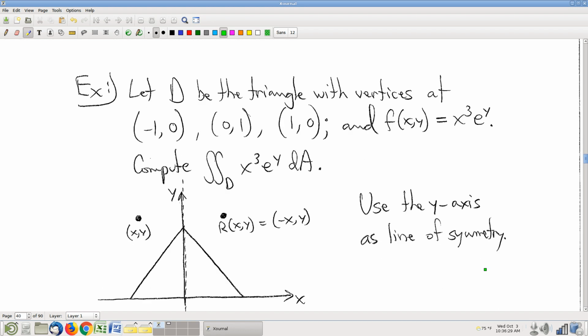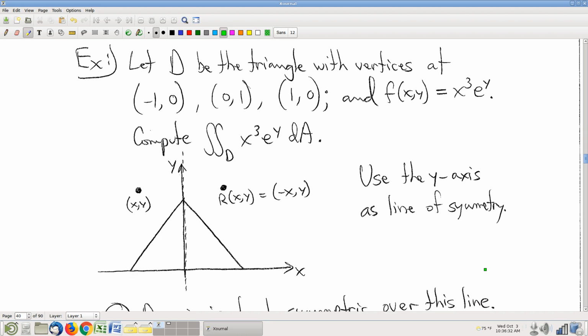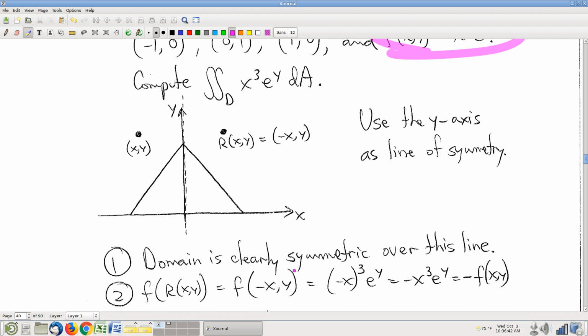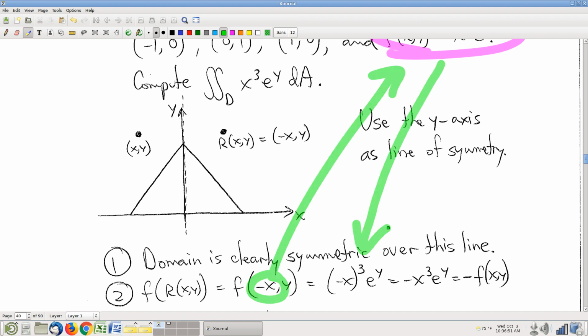Okay, is everybody happy with this question? Should we again use symmetry? I did go a little too quickly over this. So this function, I claim, has the odd symmetry, and that calculation is right here. You plug in the reflected point, here's the reflected point, you plug that in, out comes this expression.